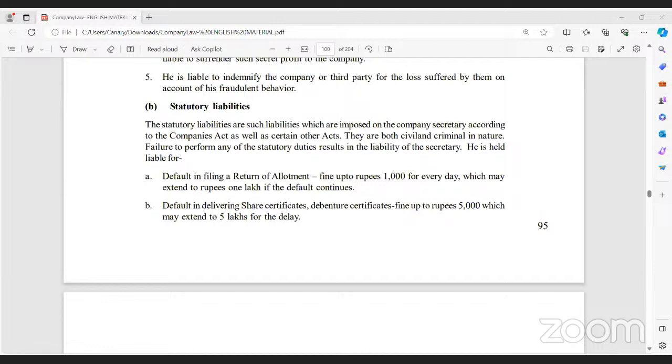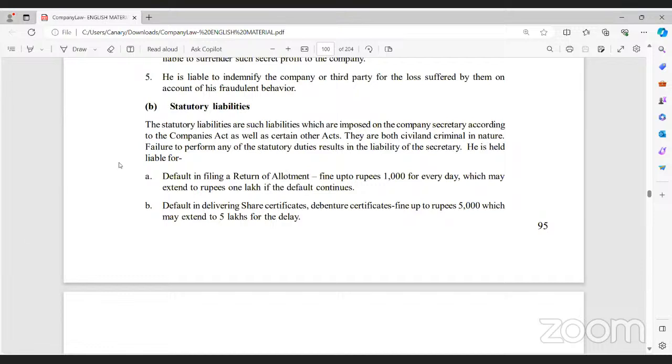Yes, ma'am. So statutory liabilities, or defaulting in filing. He is the one who should know all the legal aspects of different laws and acts, right? So as per these various laws and acts, fulfilling whatever legal compliances are required is the responsibility of this company secretary. If he fails to do so, he will be liable as per the act.